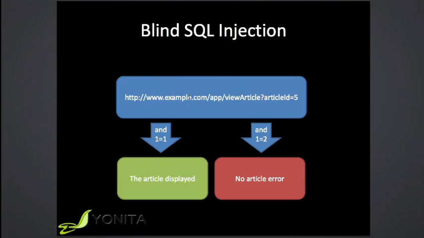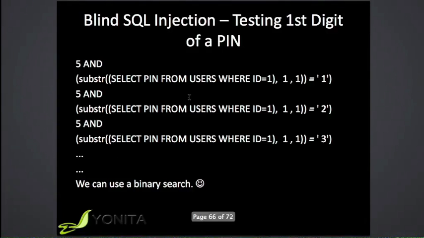So we don't get any specific data from that SQL injection. We only get two states, right? One state is the article is fine, and the other state is that there's no article. Based on that, we can basically do anything we want, because we can test any condition we want, right?